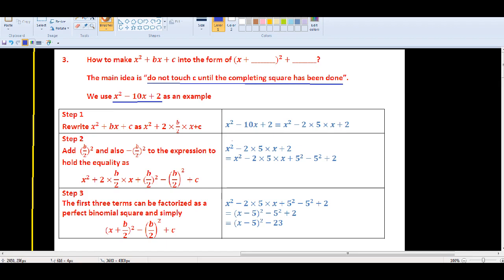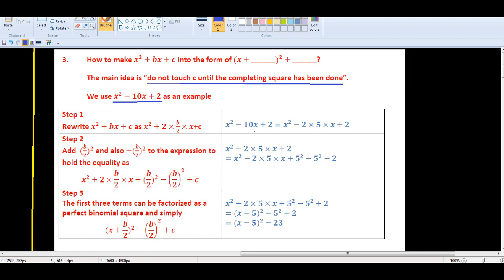So for this one, x squared minus 10x plus 2. The first part, just like what we have been doing for the previous ones, you need to rewrite it into x squared plus 2 times b over 2 times x, but of course here you've got c.